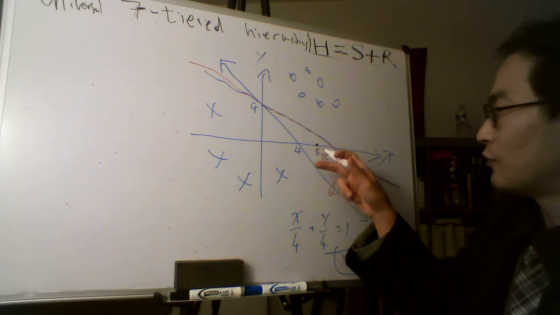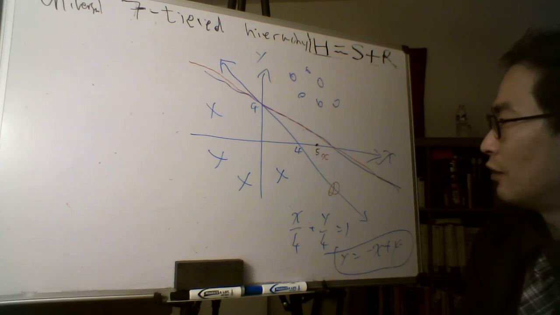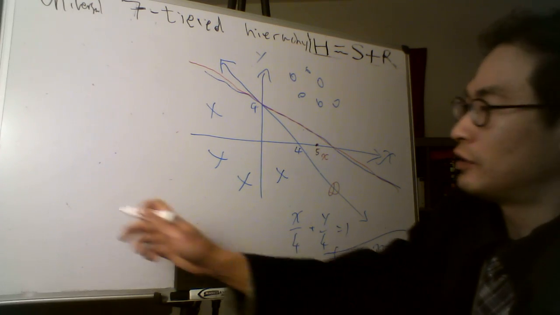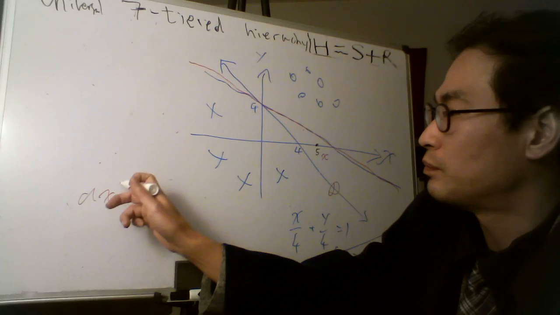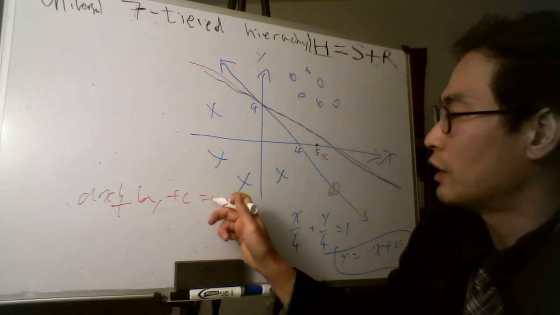We reclassify this 5 comma 0 as a bad guy. So how do we do this? If you remember, ax plus by plus c is equal to 0.